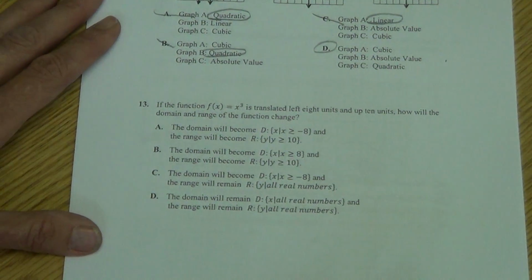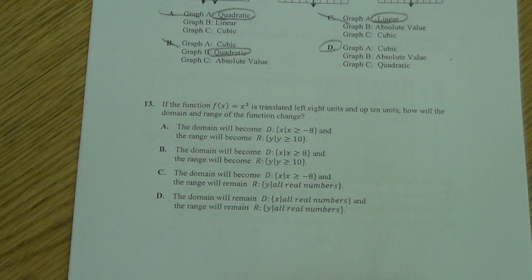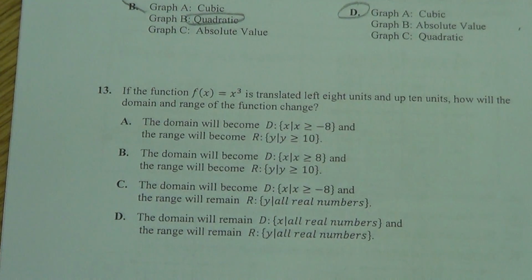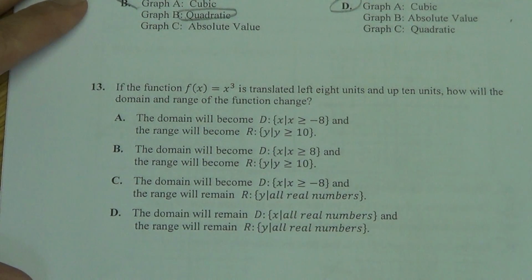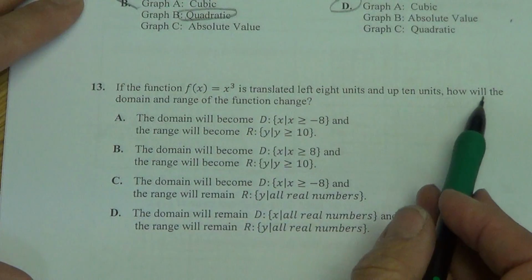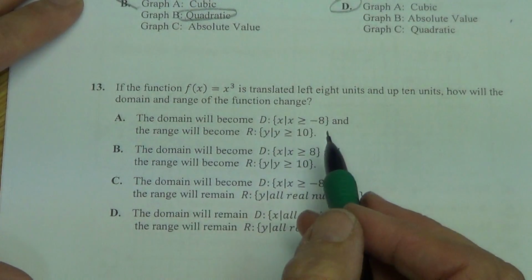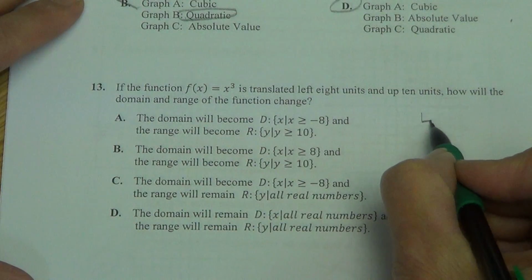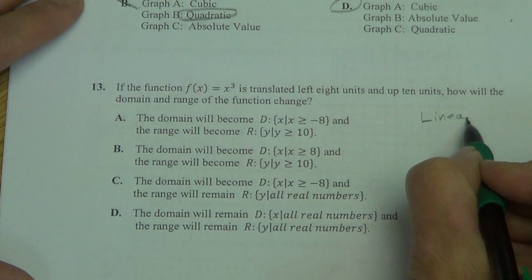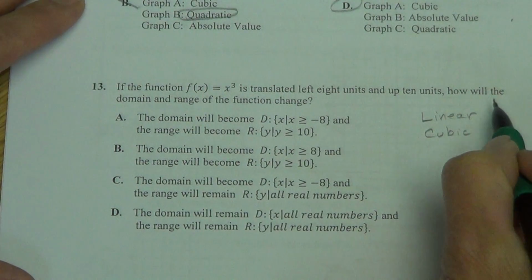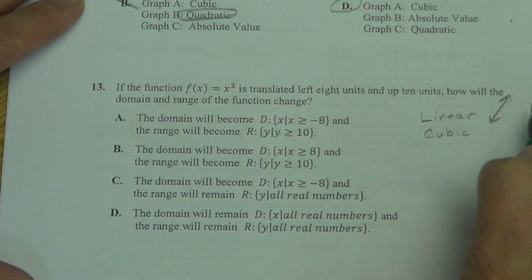On number 13, let me zoom in just a little bit. In the function x cubed, it's translated, how will the domain and range of the function change? Well, we need to remember that with linear and with cubic, this one goes like this, this one goes like this.